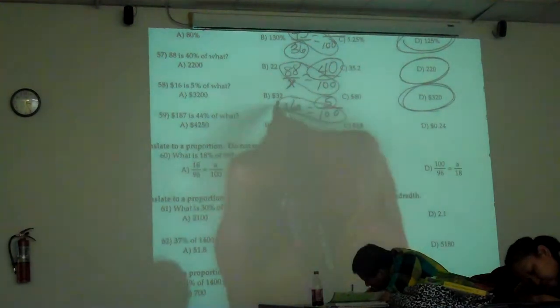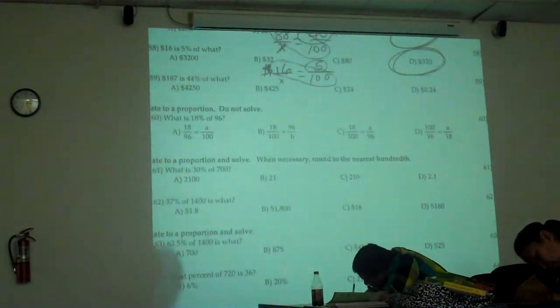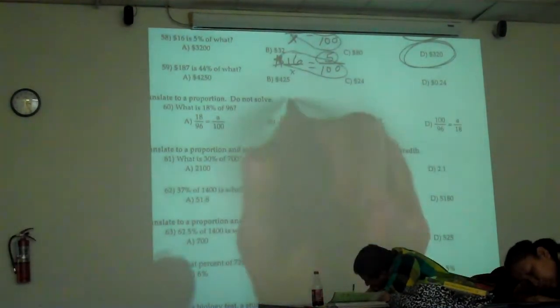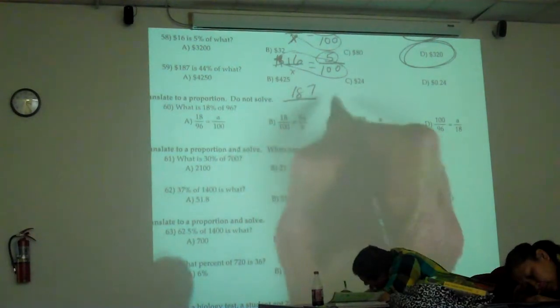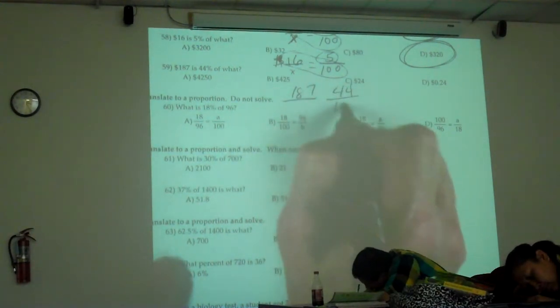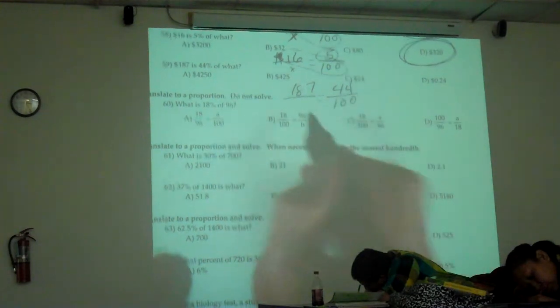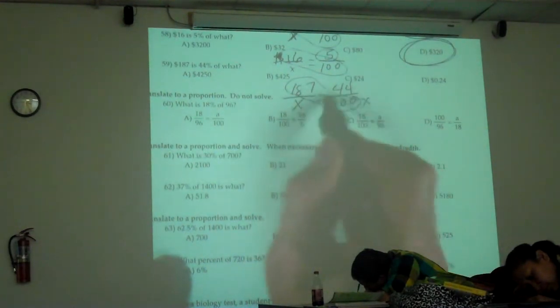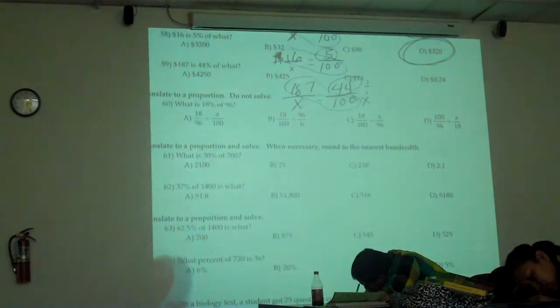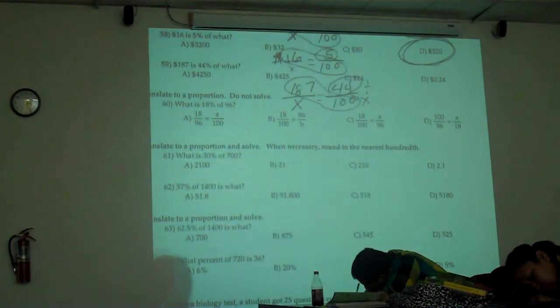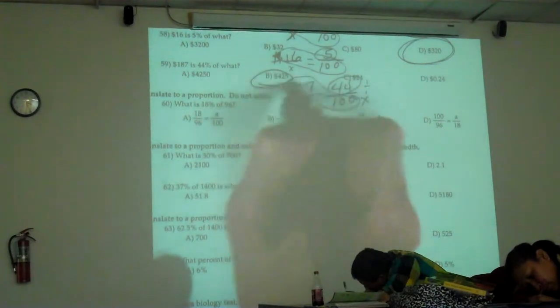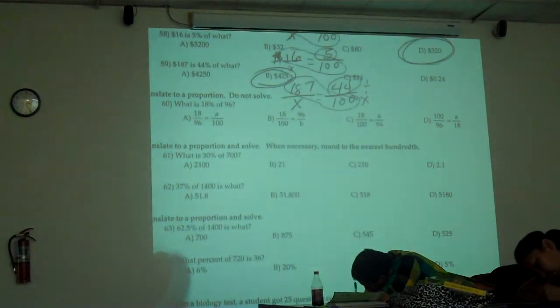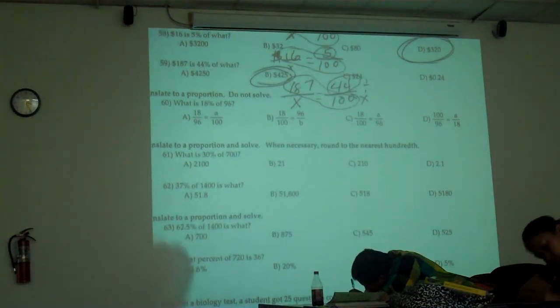Because 16 was in dollars. 187 is 44%. Percent goes over 100 of what? 187 times 100 divided by 44. 425. Okay. 425.